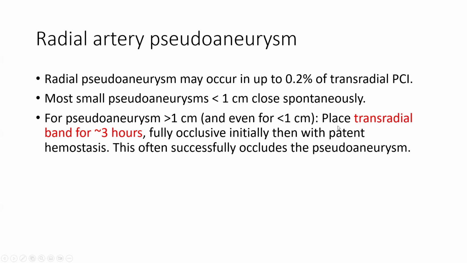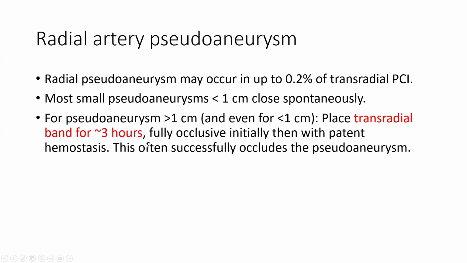The most common treatment for radial pseudoaneurysm is actually to put back a transradial band for several hours, about 3 hours, and you try to make it fully occlusive of the radial artery for some duration of time as tolerated, maybe 10 to 30 minutes, and you keep it on for about 3 hours.